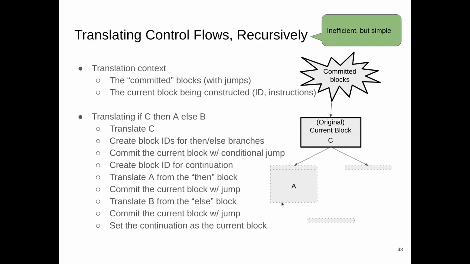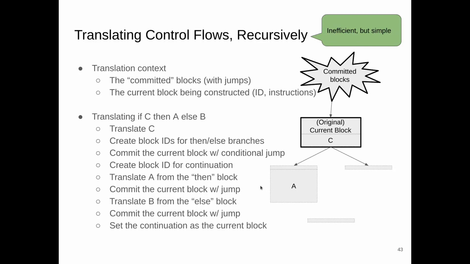But that's okay, because the translation context will be preserved. So at the end of the translation of this A, the current translation context will be the block that is not yet committed, that is still tentative, but that contains the last instructions of A.